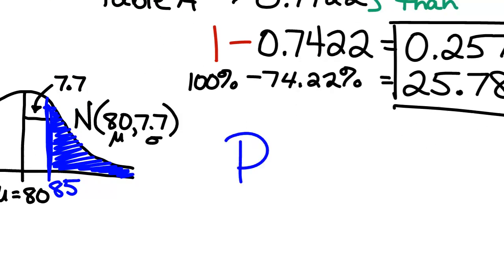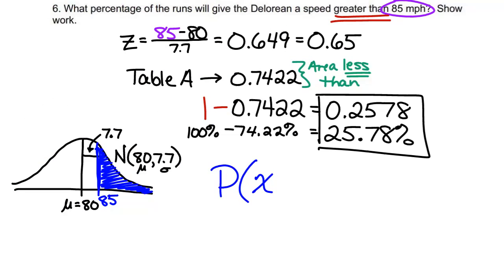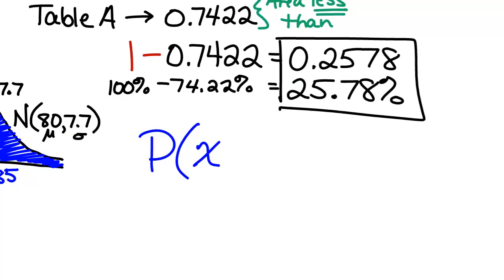We are going to find the probability that our value, we're going to call that x, is greater than what? We wanted x greater than 85. The probability that x is greater than 85. And that's where we calculated our z-score.